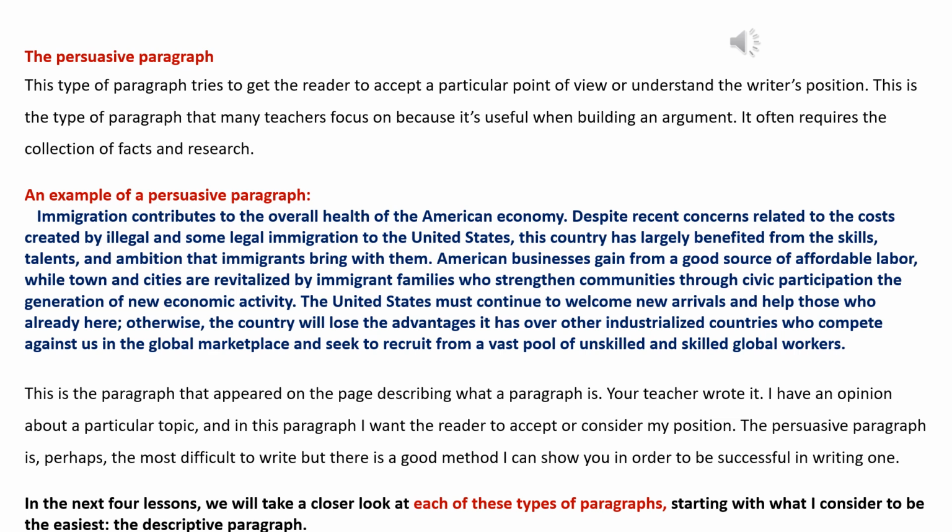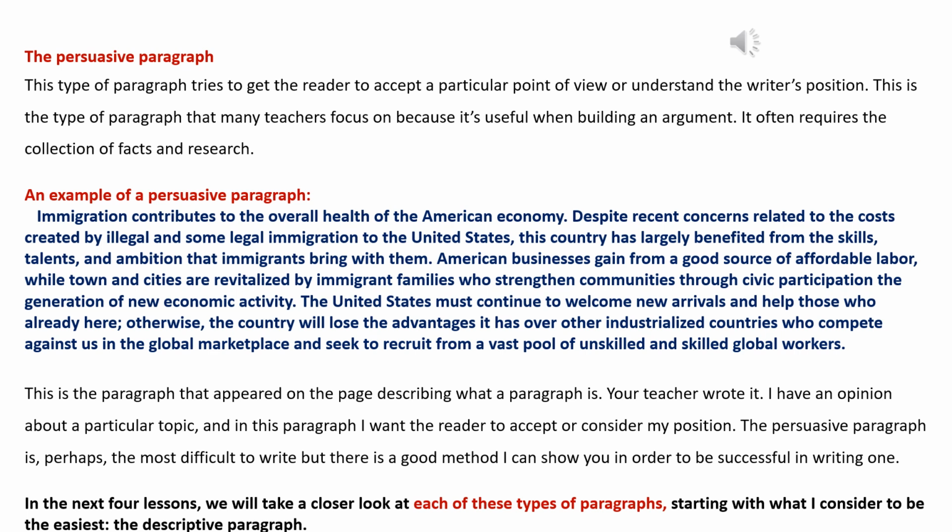Immigration contributes to the overall health of the American economy. Despite recent concerns related to the costs created by illegal and some legal immigration to the United States, this country has largely benefited from the skills, talents, and ambition that immigrants bring with them. American businesses gain from a good source of affordable labor, while towns and cities are revitalized by immigrant families who strengthen communities through civic participation, the generation of new economic activity.